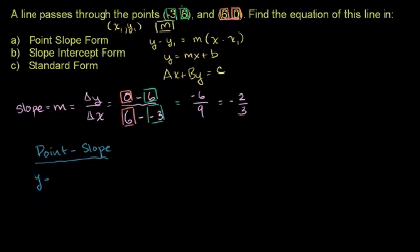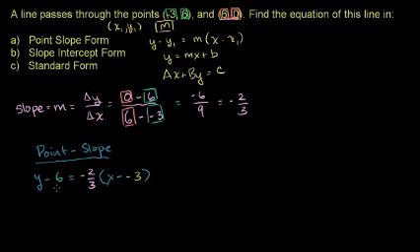So y minus the y value over here, so y minus 6 is equal to our slope, which is negative 2 thirds, times x minus our x coordinate. Well, our x coordinate is negative 3. So x minus negative 3, and we're done.